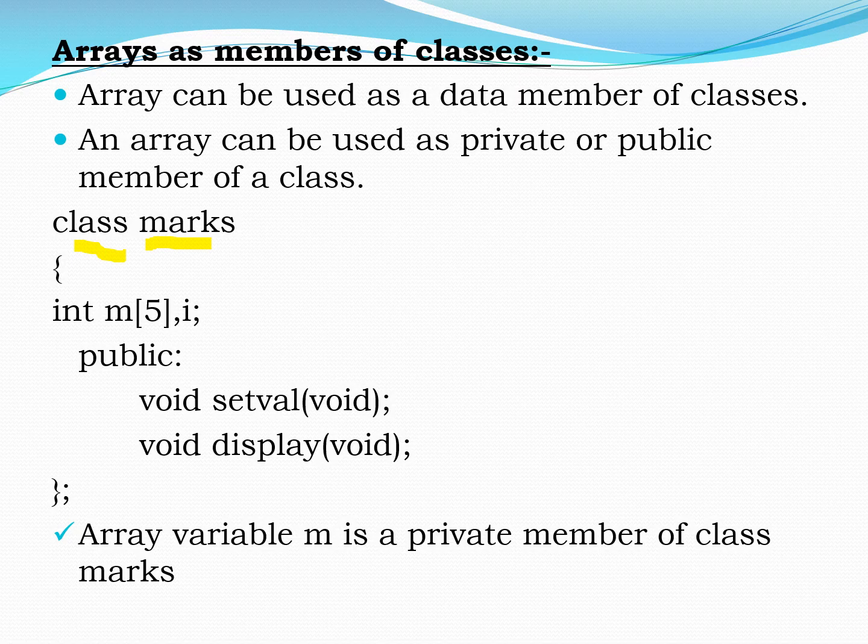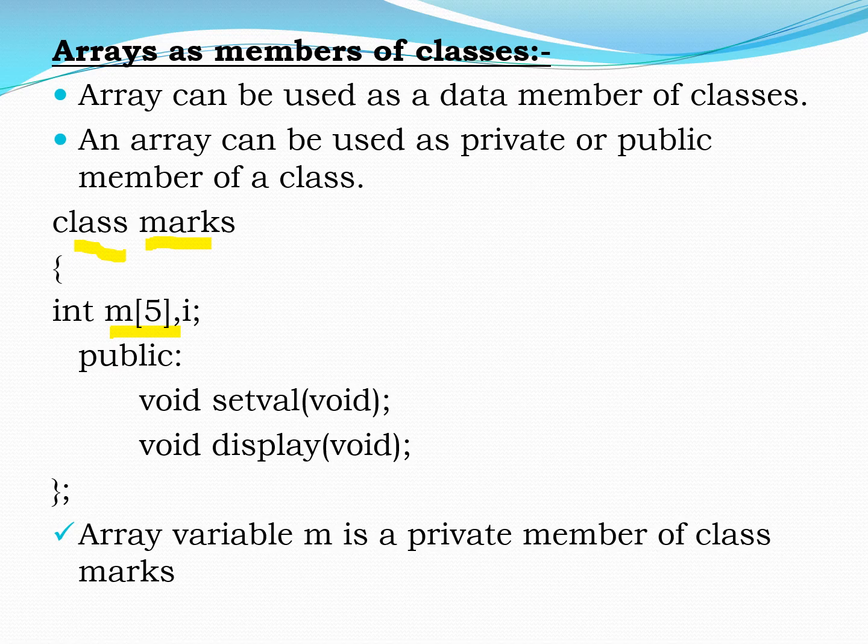The marks I'm going to declare as m of 5. I have passed the array as a data member, m of 5, and obviously, when I use an array, I need index addressing with a for loop. So I have taken i.